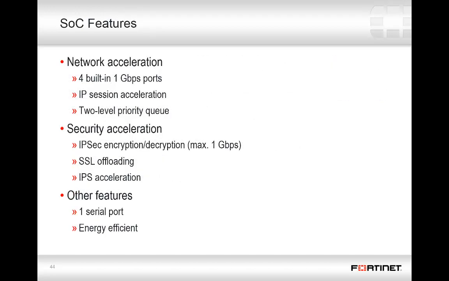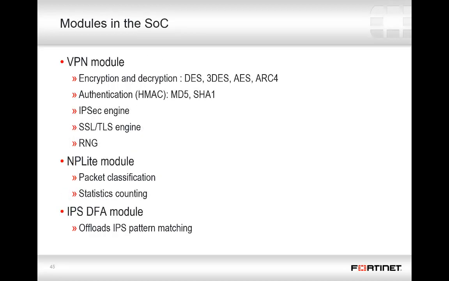With the CP8 and partial NP Fortinet ASIC chips that are integrated onto a System on a Chip, it can accelerate IP session handling, IPS scans, IPsec cryptography, and SSL. A System on a Chip basically integrates three ASICs.